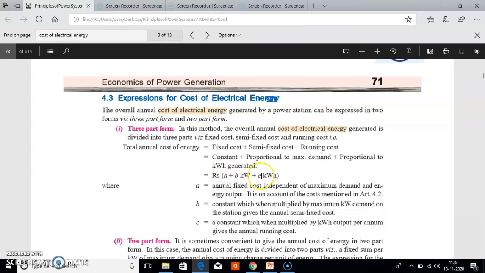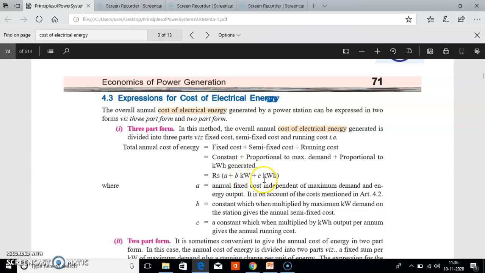Here A, B, C are constants. A is a constant that belongs to fixed cost, and B is the cost per 1 kilowatt of maximum demand. Suppose we have a maximum demand of 10 kilowatt and B is 10 rupees, so in the second part, 10 into 10, 100 will come.